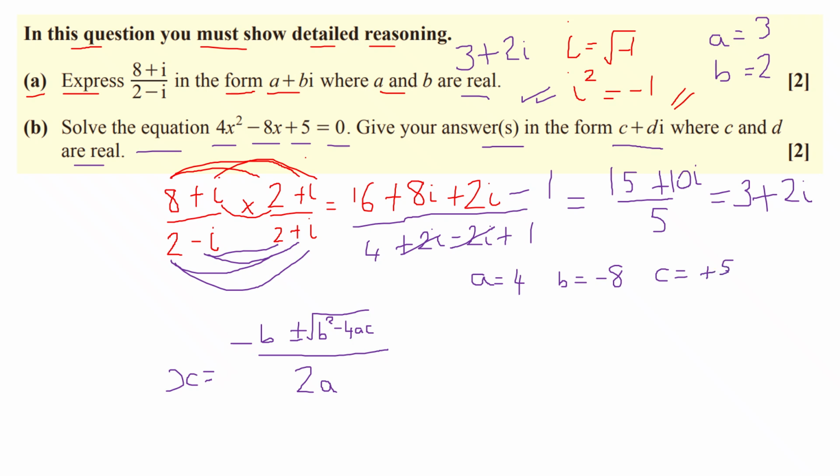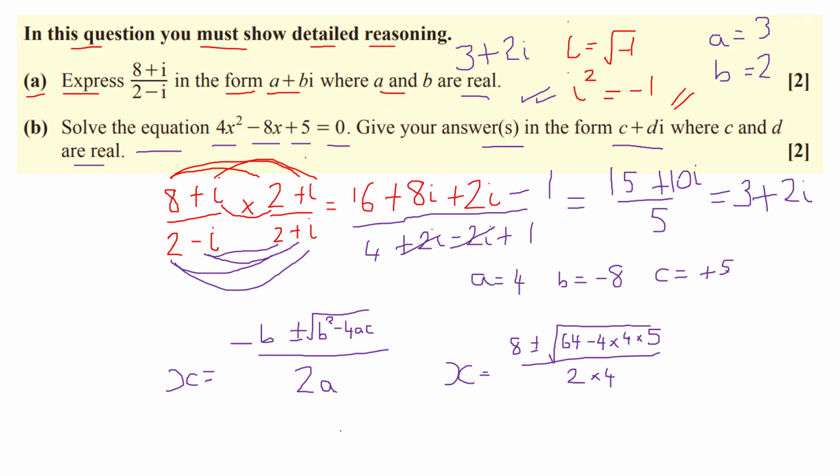I'm going to substitute this into my formula. So x equals minus b, so minus minus 8, which is plus 8, plus or minus the square root of, in brackets, minus 8 squared, which is 64, then minus 4 times a times c, all over 2 times a, so 2 times 4.